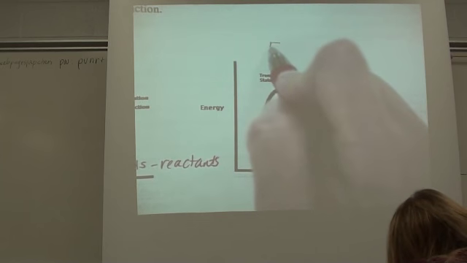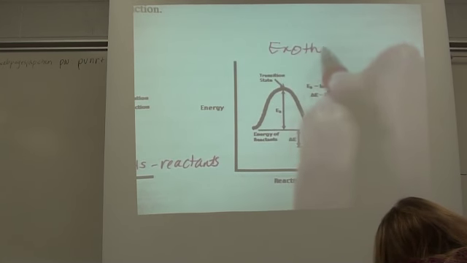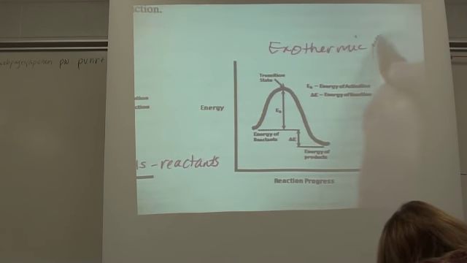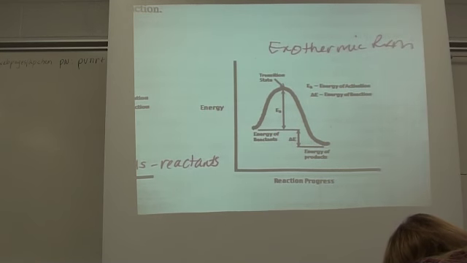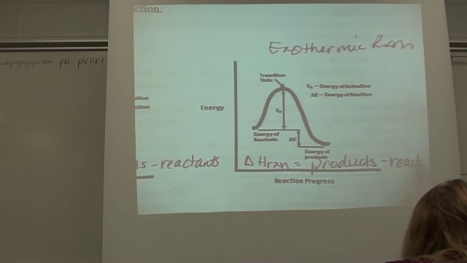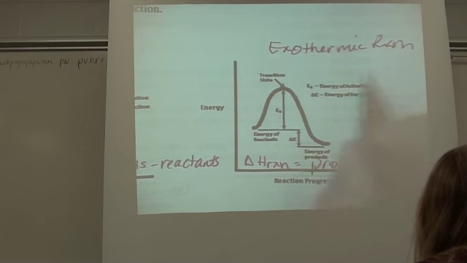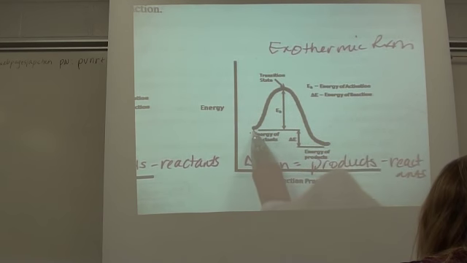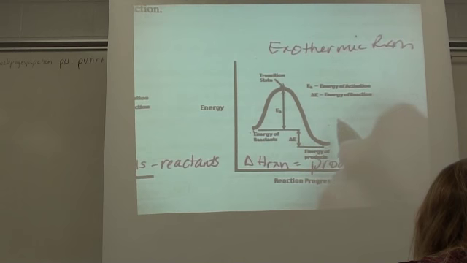This would be an exothermic reaction. And delta H will still be the products minus the reactants. And the activation energy is still the difference between the transition state and the energy of the reactants.